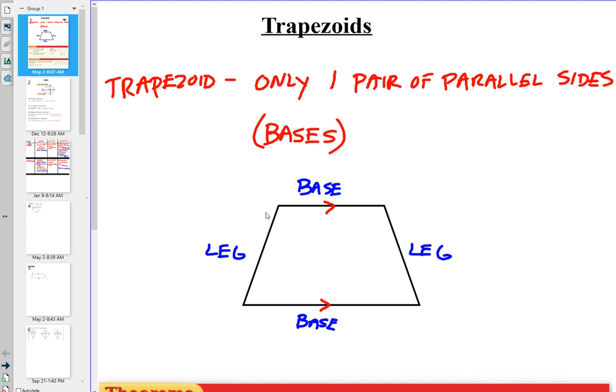What were the 4 types of parallelograms? Somebody raise your hand. Go ahead, Josh. I'm a square, right?